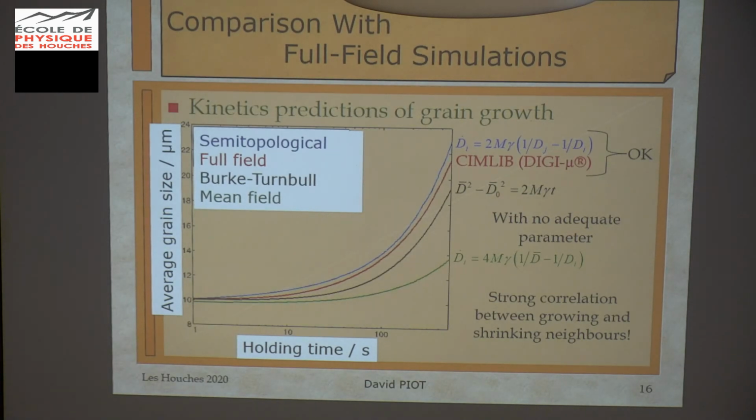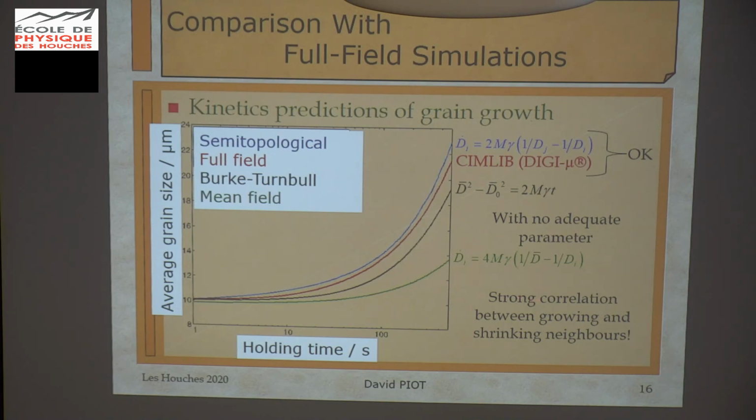And we have tried to make a comparison in the simple pure grain growth case with a few available models. So in red you have, as reference cases, a computation made by Simlim or Digimu, which is more or less the same in fact. Here in blue you have our prediction with the semitopological model.